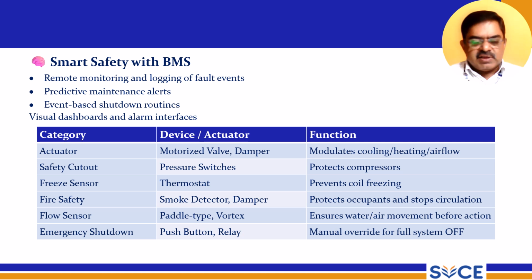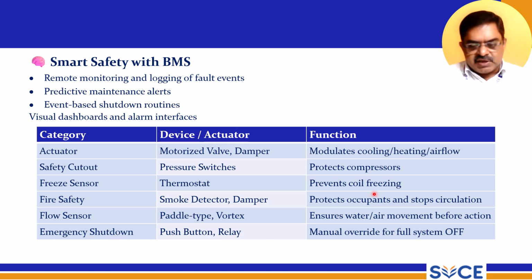Here the categories you see are actuator, safety cutout, freeze sensor, fire safety, flow sensor, and emergency shutdown. The devices: for the actuator, motorized valve and damper; safety cutout is pressure switches; freeze sensor is thermostat; fire safety is smoke detector and damper; flow sensor is paddle type or vortex type; and emergency shutdown is push button and relay.